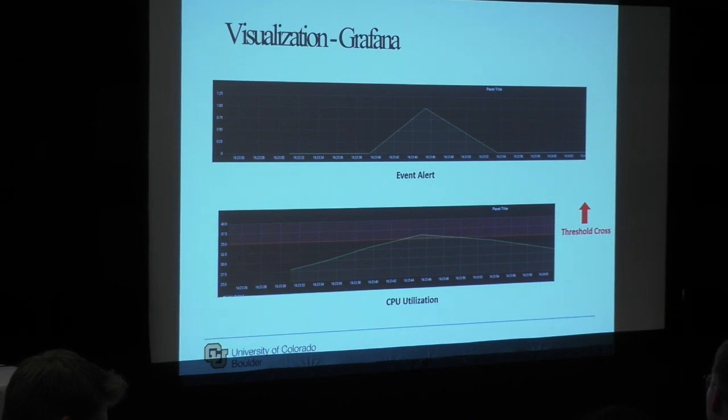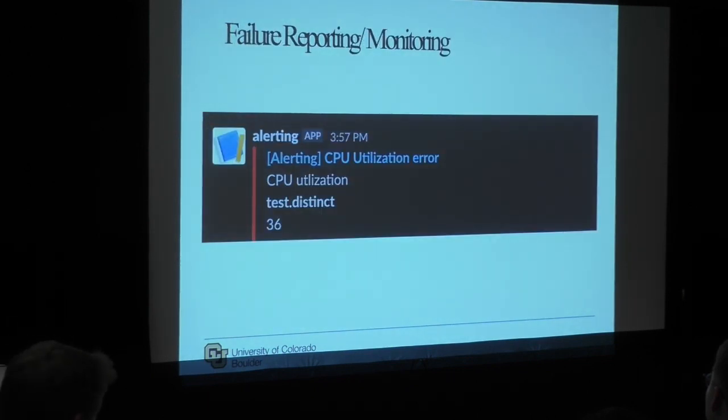The event alert was where we tracked how many times the self-healing script ran. While we captured the graph, the CPU utilization crossed 35 and we got that alert. For the alerting mechanism, we used Slack, and that is a Slack snippet showing a CPU utilization error of 36%.